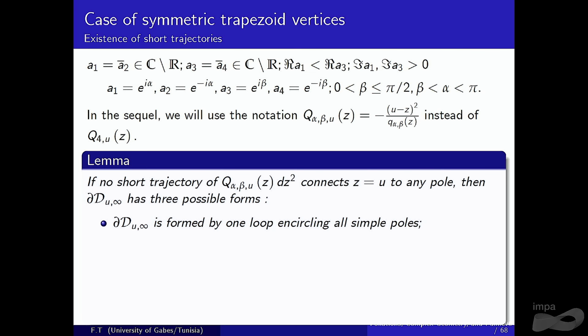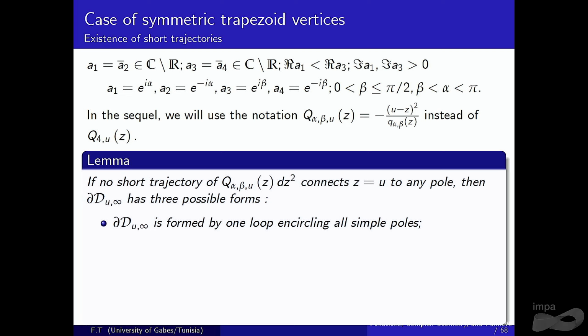Now, let's come back to the main result of our work, which is the case of symmetric trapezoid vertices. Under a suitable linear change of variable, we may assume that our points are exponential plus or minus I alpha, exponential plus or minus I beta.